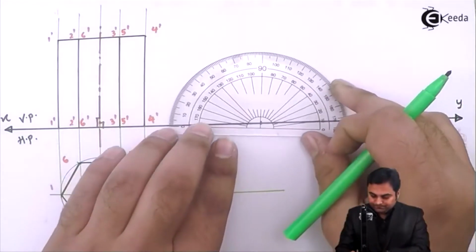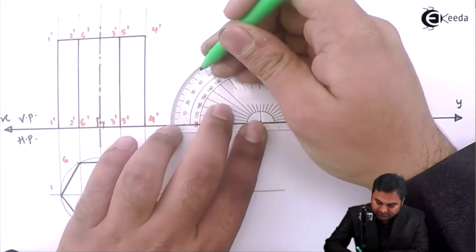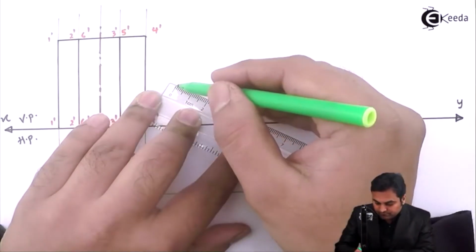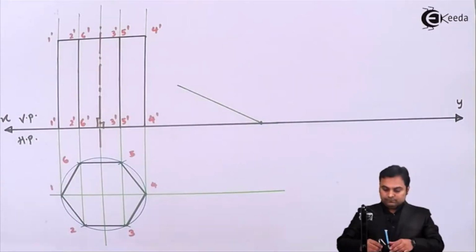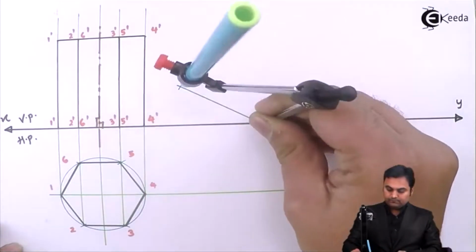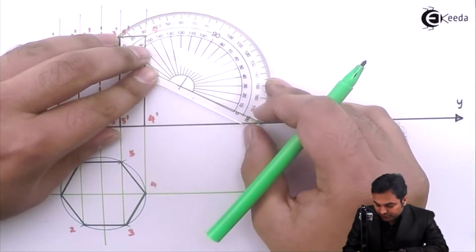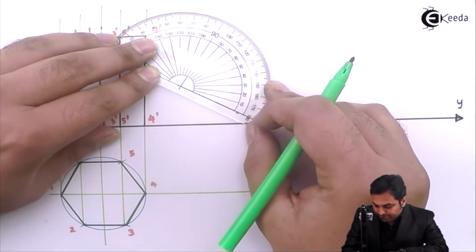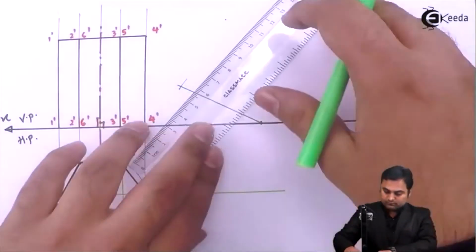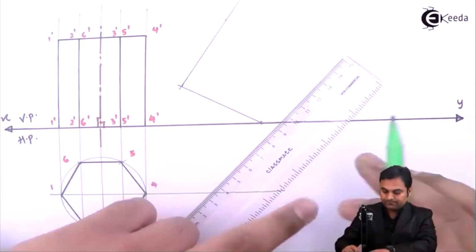I'll take a point and measure 30 degree over it. Measuring the base. Next, measuring 90 from here. So 90 degree angle. Projecting a light line.